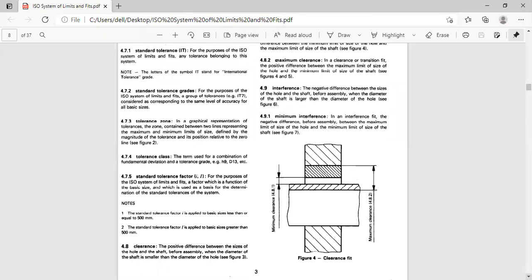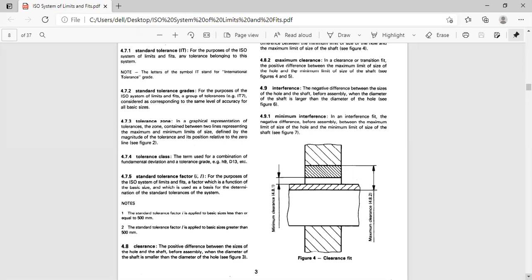Then classify it as maximum clearance and minimum clearance. As far as interference is concerned, clearance is a positive difference, and interference is always the negative difference between the sizes of the hole and shaft before assembly. The same terminology is used, but the difference is that in clearance we have the positive difference, and in interference we have the negative difference. So you have to be very careful.